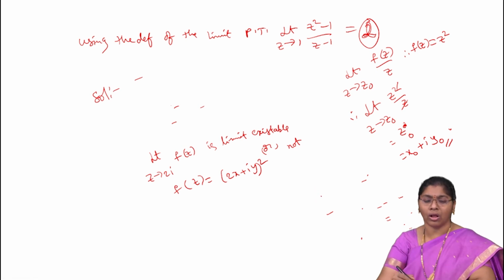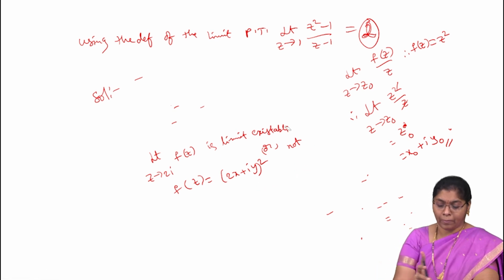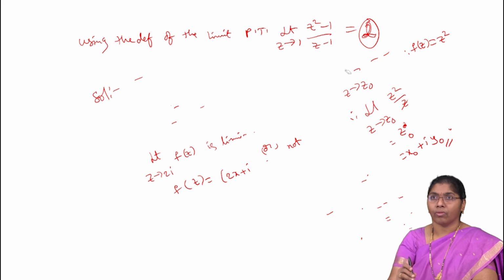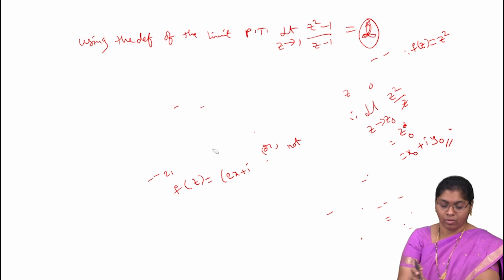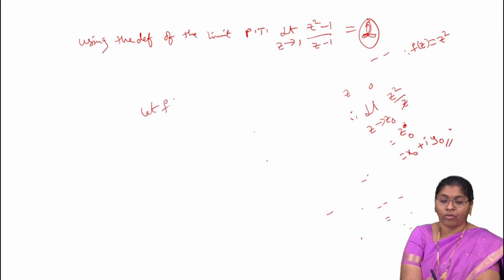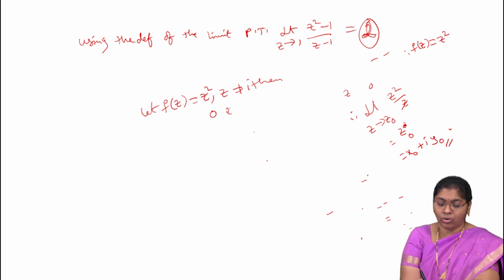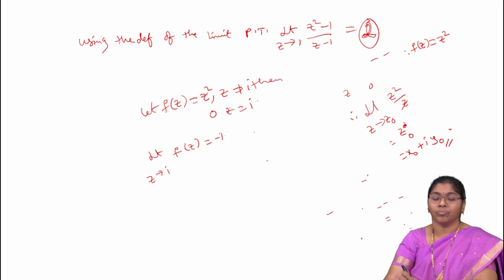Sometimes it does not exist also. Problems are there. For example, we consider let f of z equal z squared, z not equal to i, then 0 if z equals i. The limit as z tends to i of f of z equals minus 1.